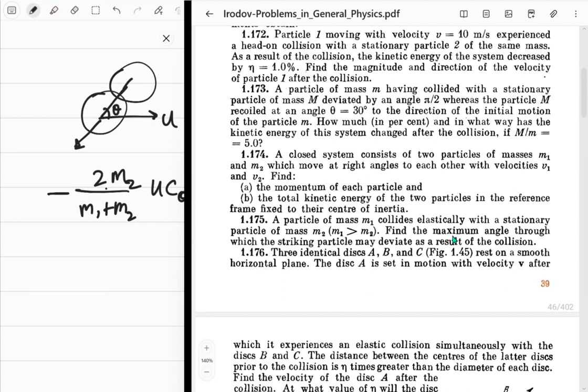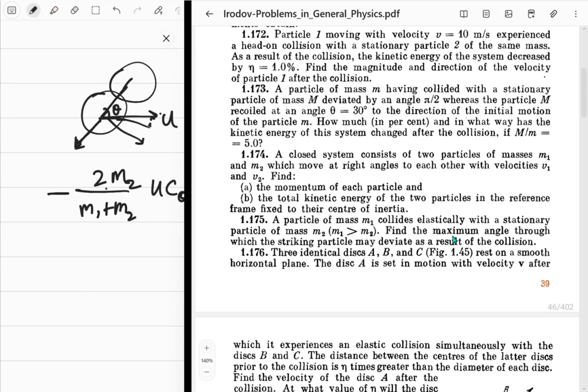Wait a second. Your tangential velocity didn't change, your normal velocity changed. So maybe it's here now.